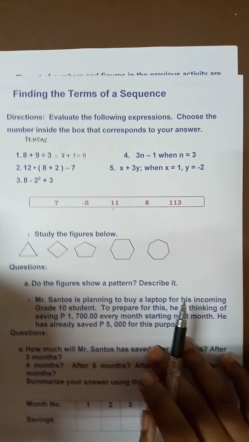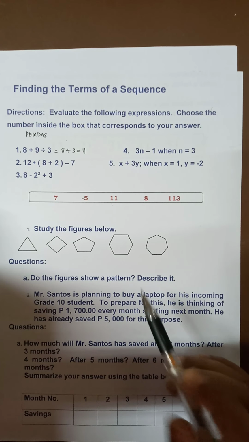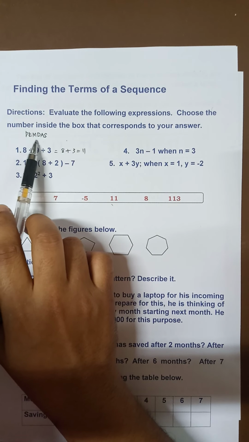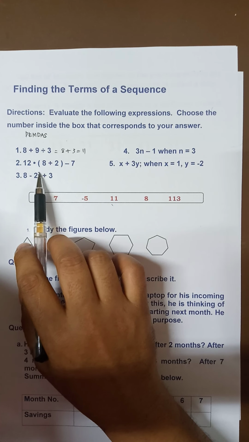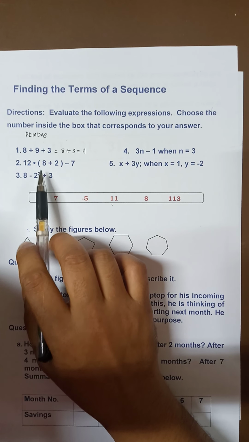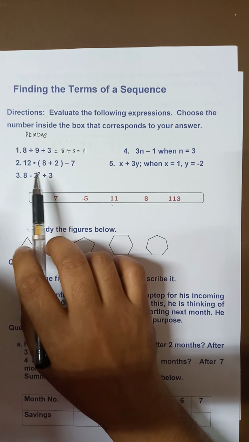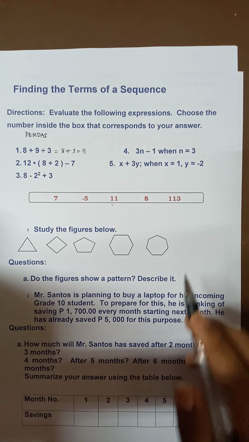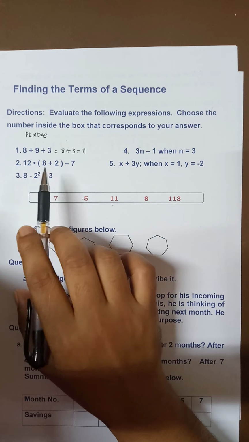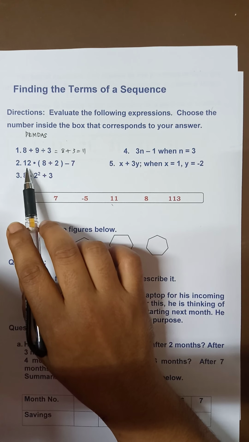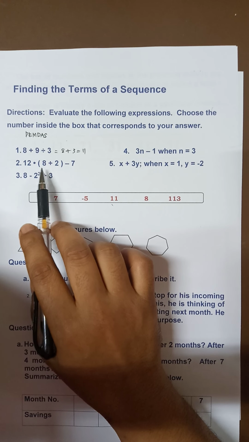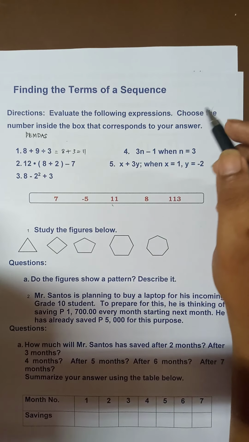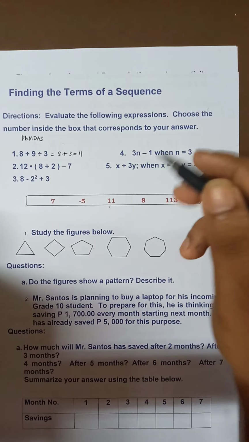For example number 2, again the same process. We're going to use the PEMDAS rule. Since we have a parenthesis, and inside the parenthesis there is 8 plus 2, we're going to solve it first. Therefore we have 12 times, inside the parenthesis, 8 plus 2, which is equal to 10, minus 7.